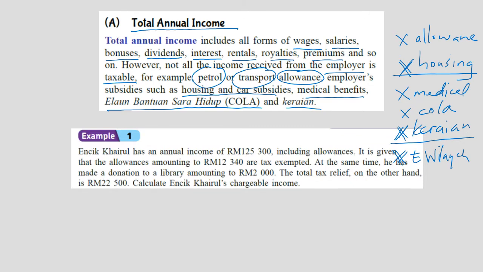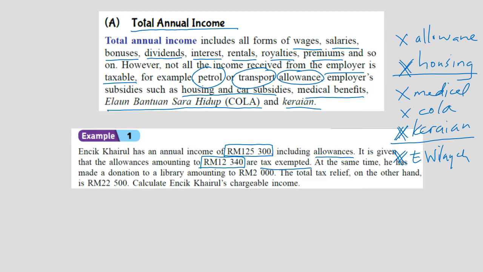Okay, so let's see one example here. Encik Khairul has an annual income of this amount, including allowance. It is given that the allowances amounting to 12,340 are tax exempted. This is already calculated. There are a few allowances already added here, amounting to 12,340.